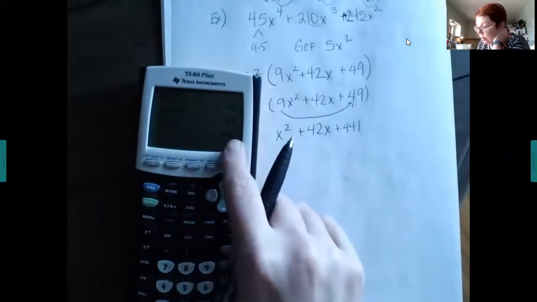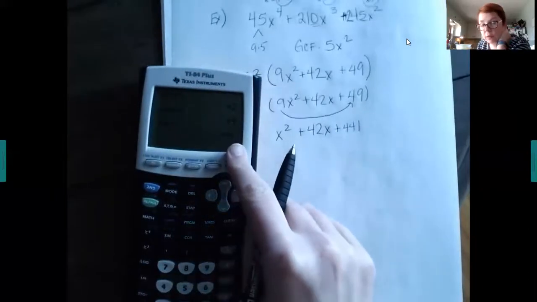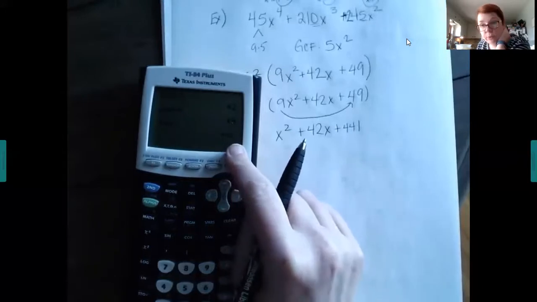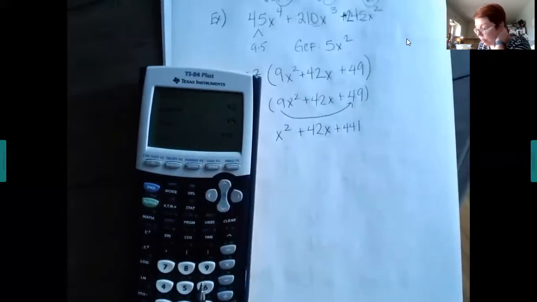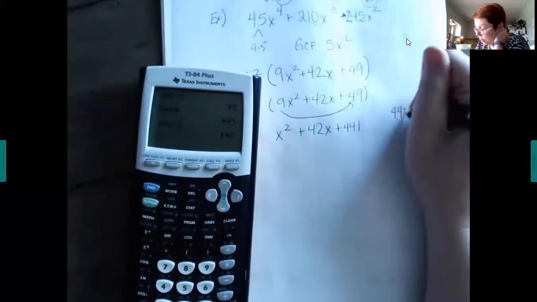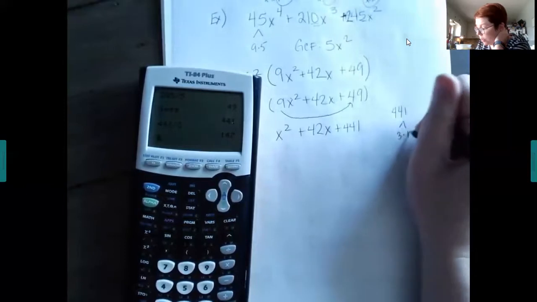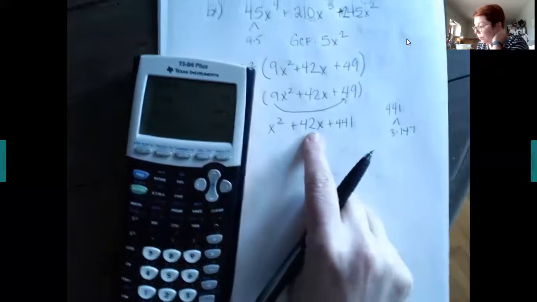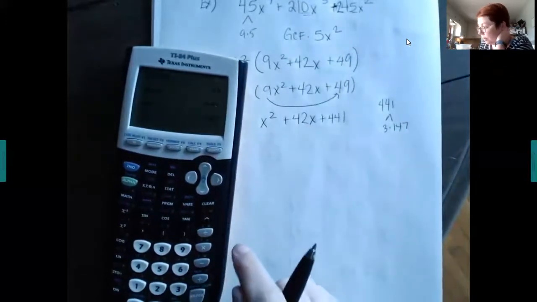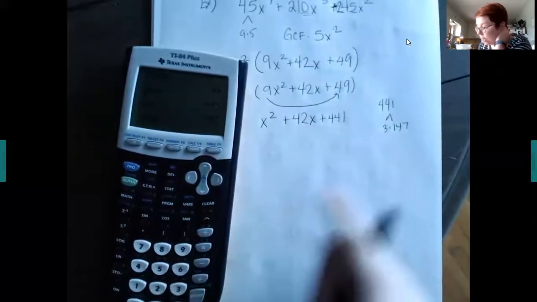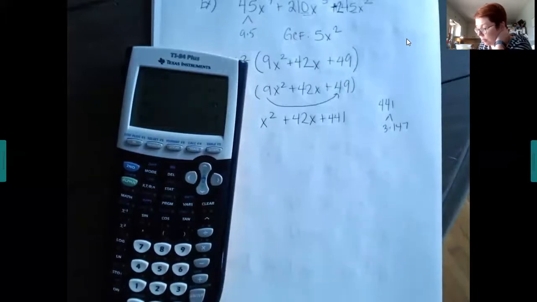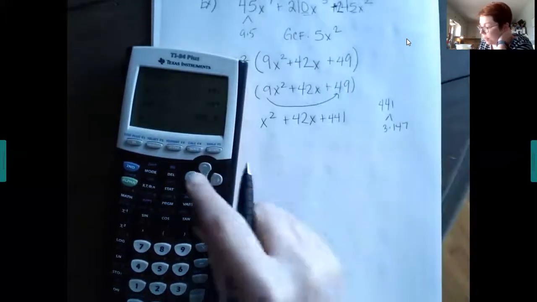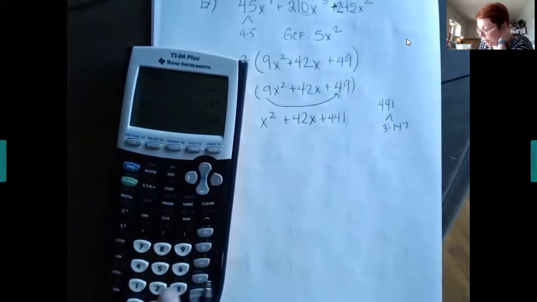So looks like it's odd, right? Ends in 1. So we can't divide it by 2, but maybe we can divide it by 3. So we have 3 and 147. Well, if I add those, I definitely don't get 42. And what about, if I get divided by 3, can I divide it by 6? Nope. If I divide it by 3, can I divide it by 9? Or let's try 7.